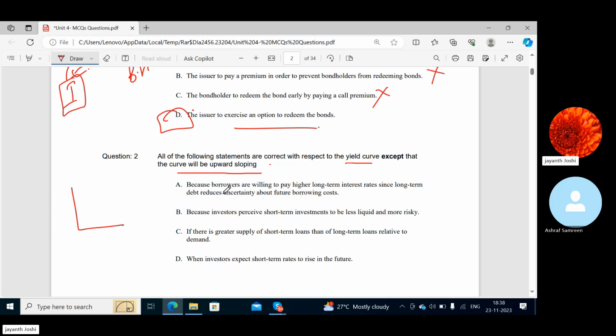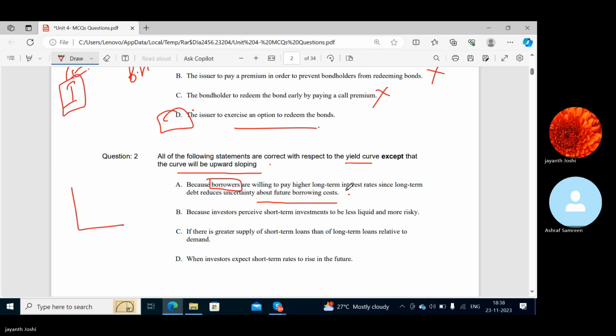The first one: borrowers are willing to pay higher long-term interest rates since long-term debt reduces uncertainty about future borrowing cost. The borrower is the company, right? A yield curve that is upward sloping indicates borrowers will pay higher interest rates on long-term debt relative to short-term debt. Is it right or wrong?